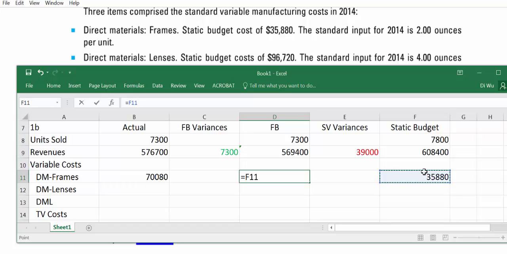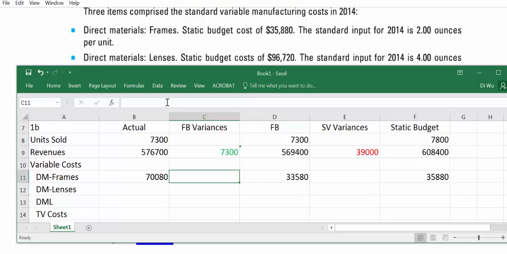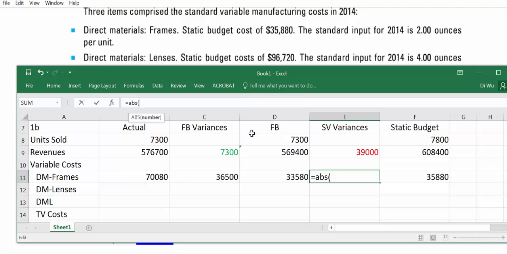For the flexible budget it's pretty easy to do. Basically, you divide this by 7,800, then multiply it by 7,300. That's how you get a number in the middle. Then we can find the difference between these values, and also here, the difference between these values.